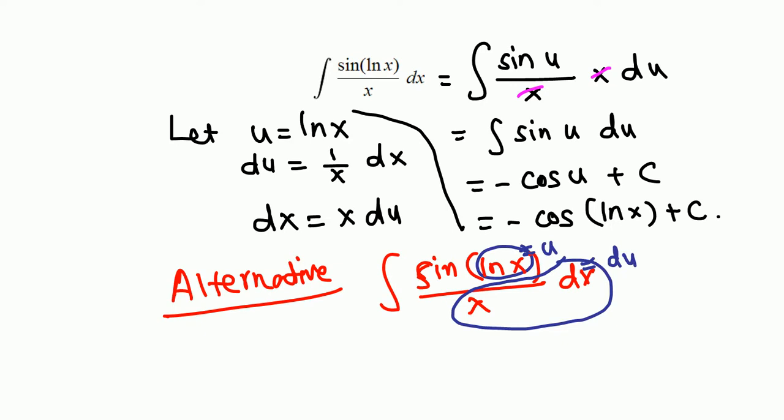So this integral is now the antiderivative of sine u du. So we would be at this step, and that's negative cosine u plus c, where u is natural log of x, plus c.